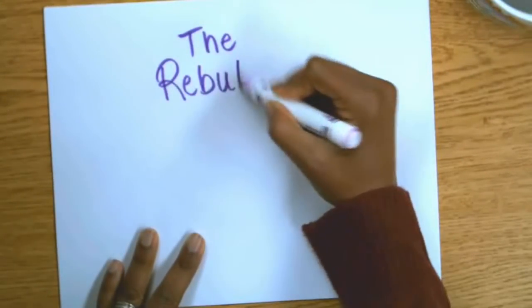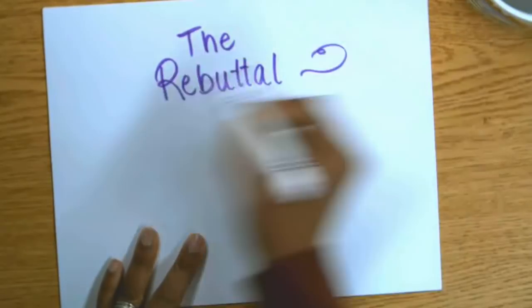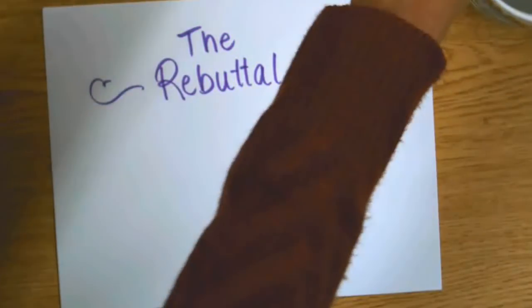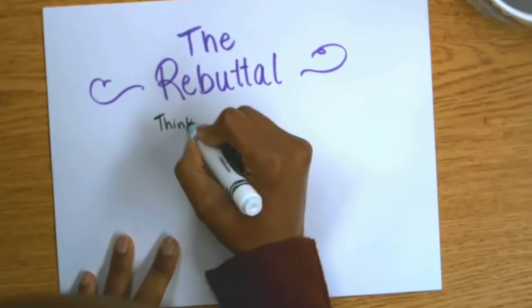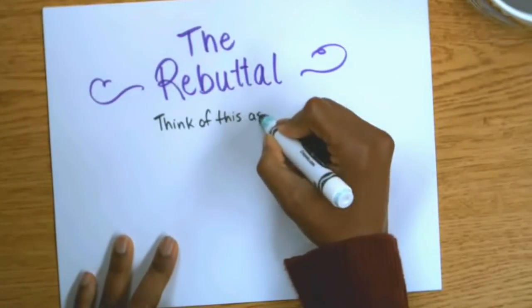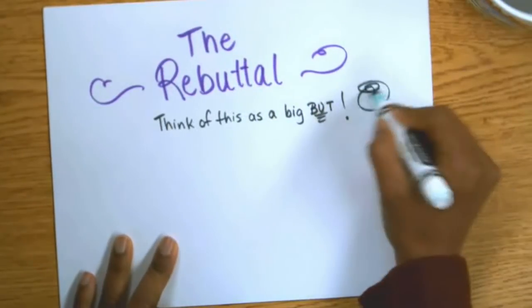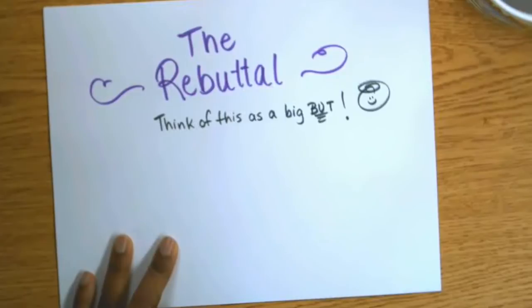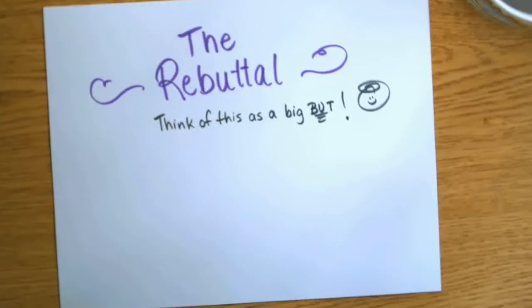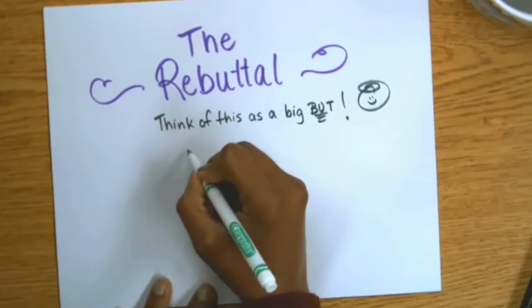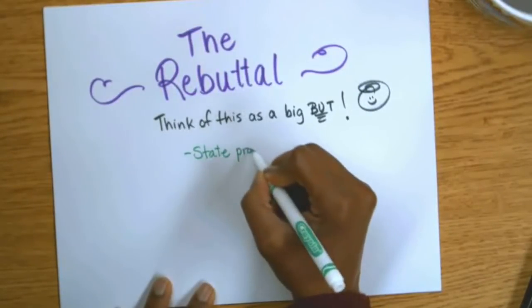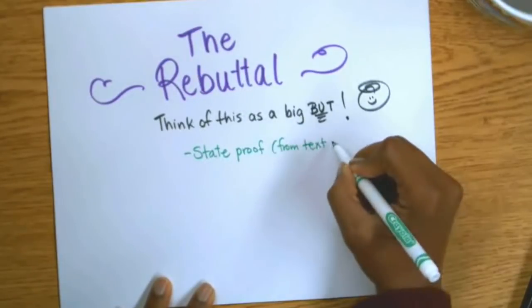So moving right along, right after the counterclaim, you will need something called a rebuttal. The rebuttal, just think of this as a big but. Not that kind. It's a way of saying, yeah, I know there's another side, but my side is better. That's why we call it a rebuttal. So what do you do in a rebuttal? You need to state proof from the text or some other source that shows and proves that the counterclaim is weaker.